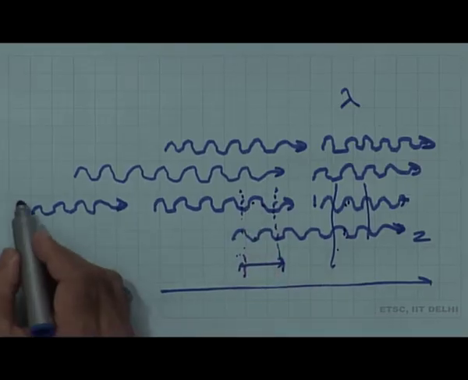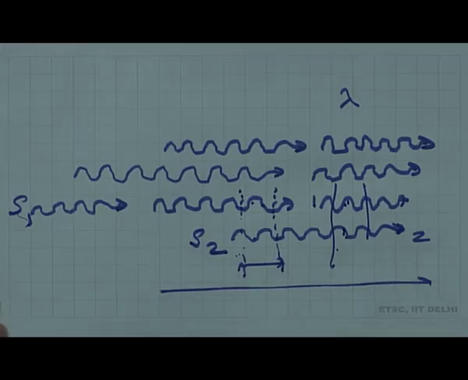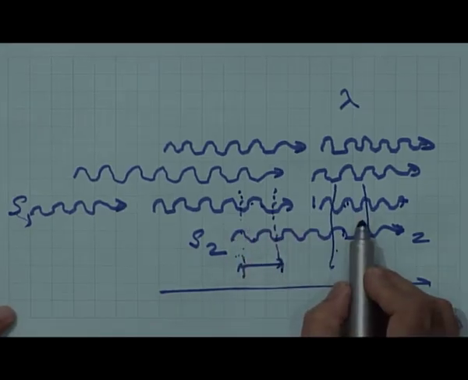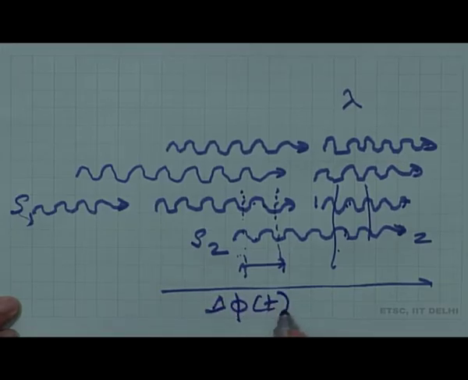This may be coming from the source S1 and this may be coming from the source S2, and therefore the phase difference changes with time. In other words, delta phi is a function of time.